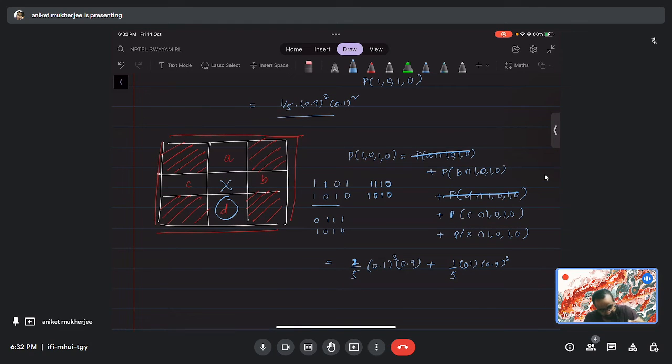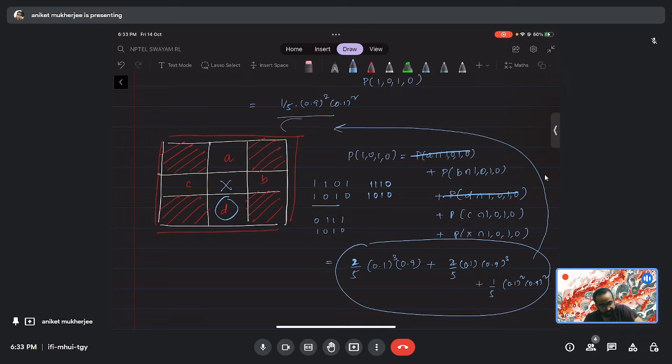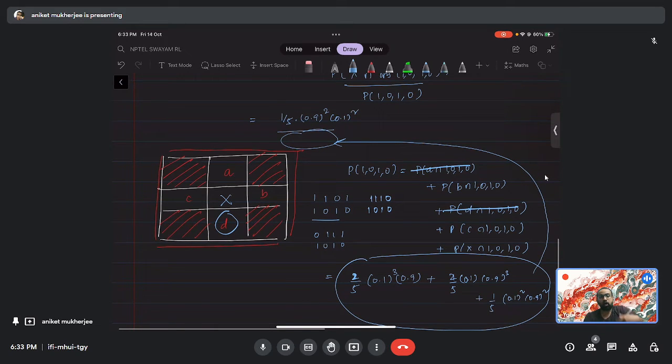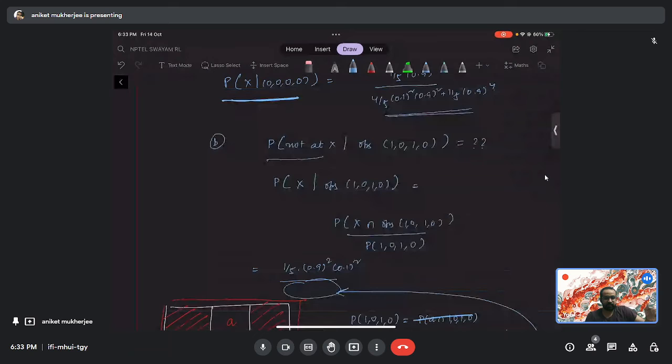Then I think C also would get the same, right? Yes. So 2 plus 1/5 into 0.1 square times 0.9 square. I put this whole thing here. Then I get with what probability, if your observation is 1, 0, 1, 0, I'm in state X. But the question asked is the probability of not being at state X, so I take 1 minus that.